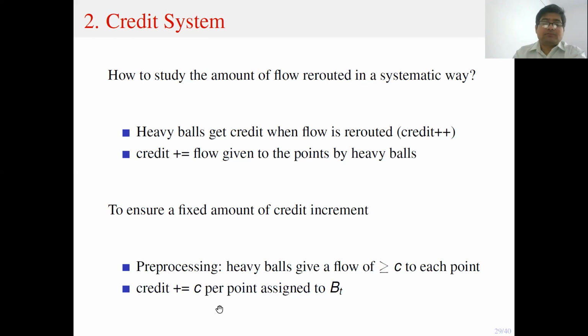That means for each point the available capacities get increased by at least the amount C. And this has a major contribution in showing the constant approximation factor. And the constant approximation factor depends on this constant.